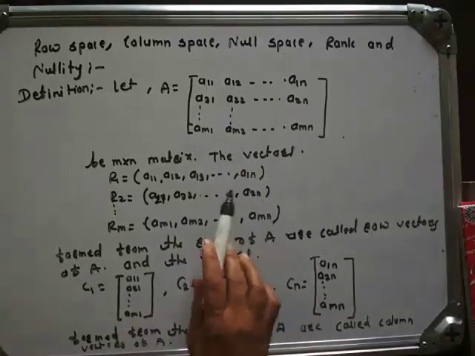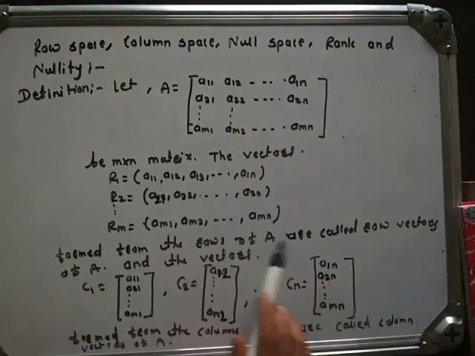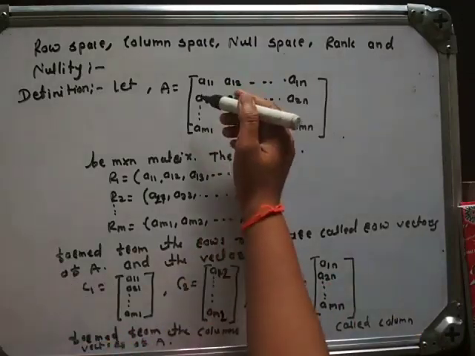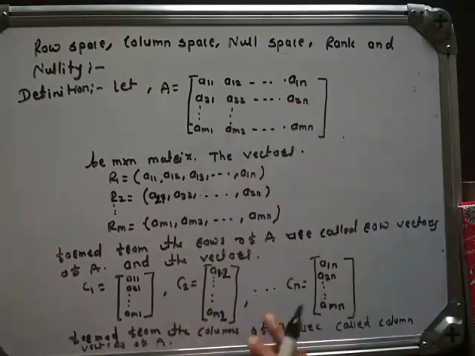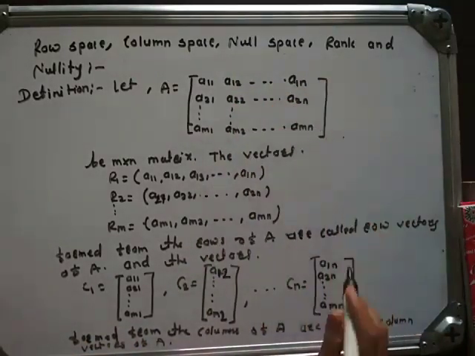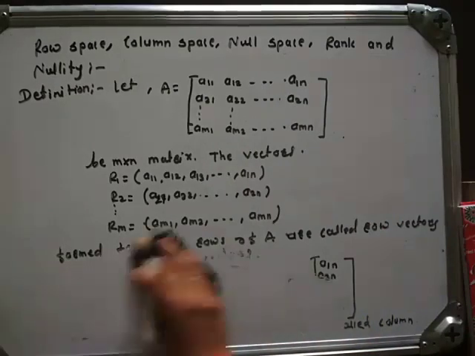These, formed from the rows of A, are called the row vectors of A. The vectors C1, the first column, C2, the second column, and so on up to the nth column, formed from the columns of A, are called the column vectors of matrix A.